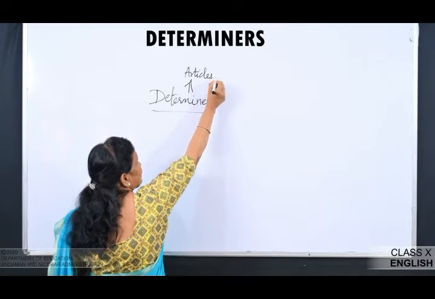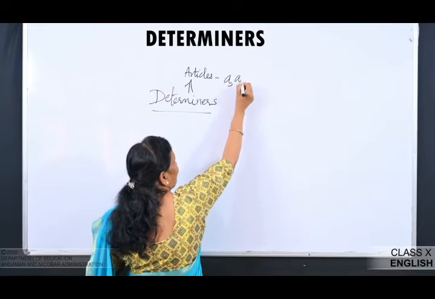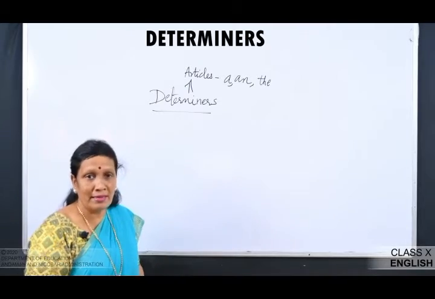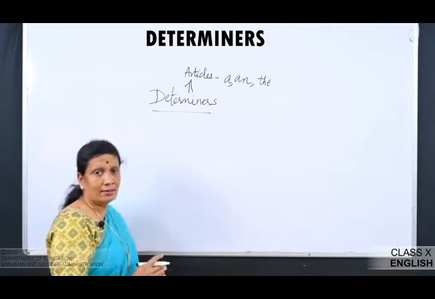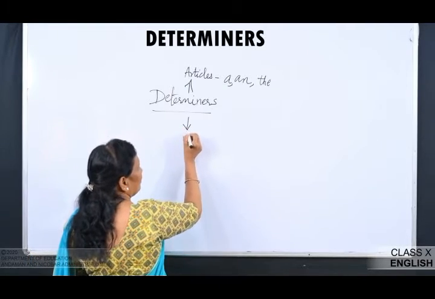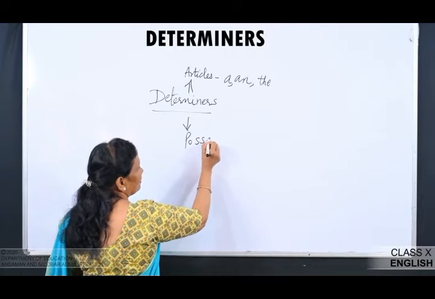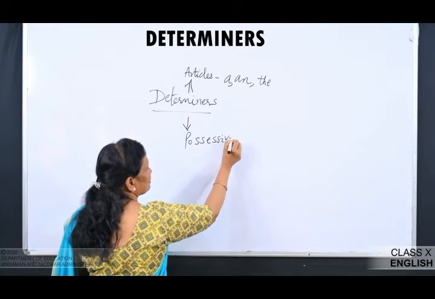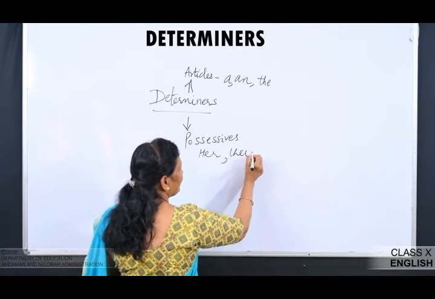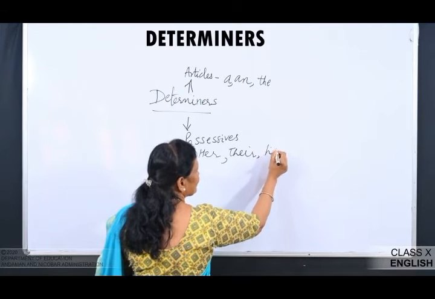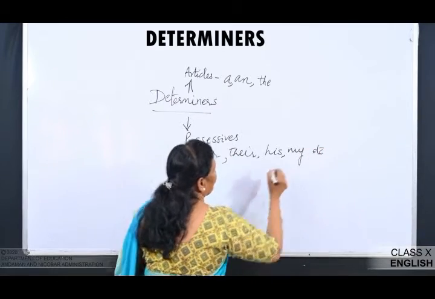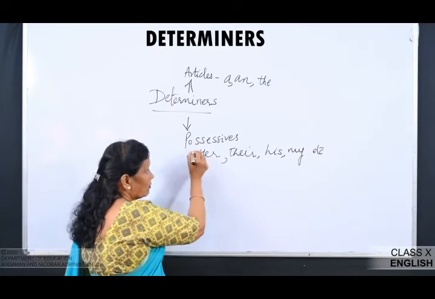You have articles. As I told you, you have learned articles in your primary and upper primary classes. So articles: a, an and the. We'll be learning more about them. Then possessives, like hers, their, his, my, etc. Possessive, children, comes from the word possess.